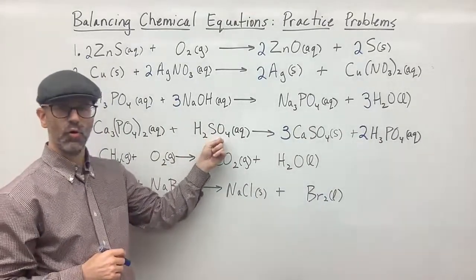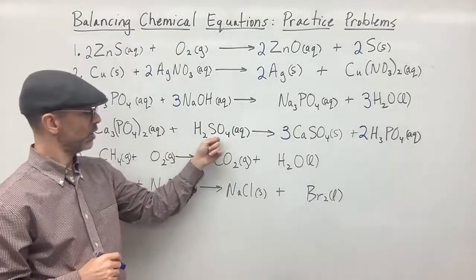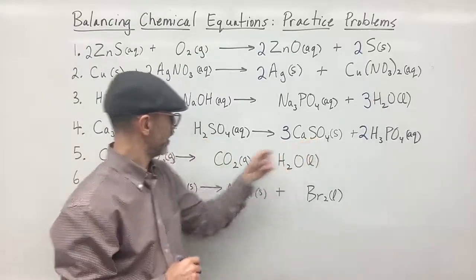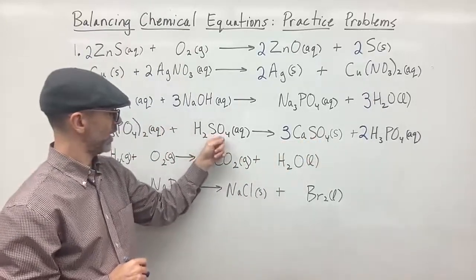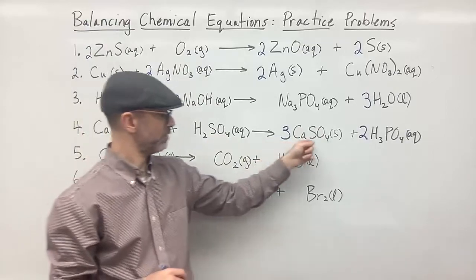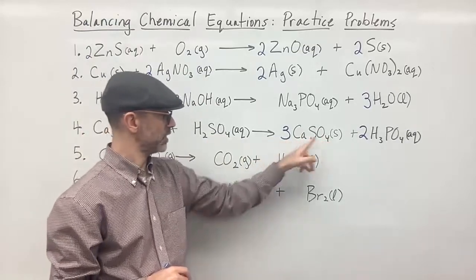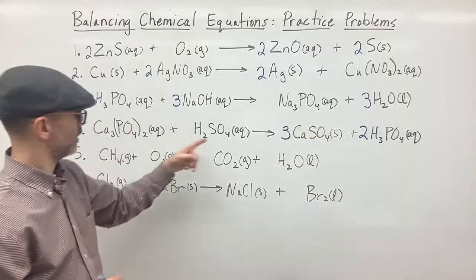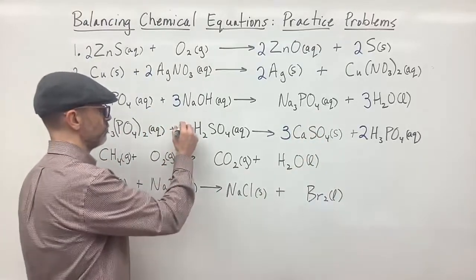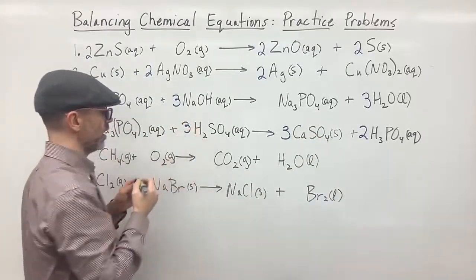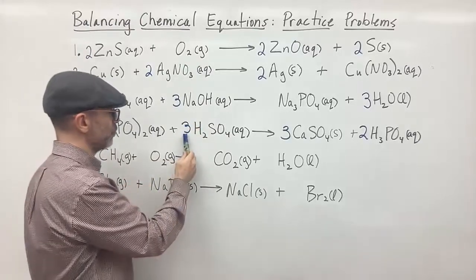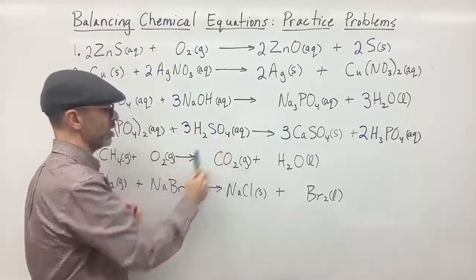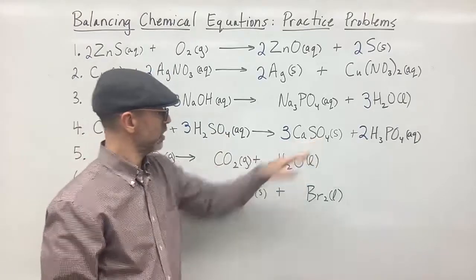The SO4 and SO4 here. So you'll notice that I have one sulfate here, but I have 3 sulfates here because 3 times 1 gives me 3 of those. So now I need 3 on this side. So I'm going to have to put a coefficient 3 there. And so now 3 times one of these gives me 3. So now my sulfates are balanced.